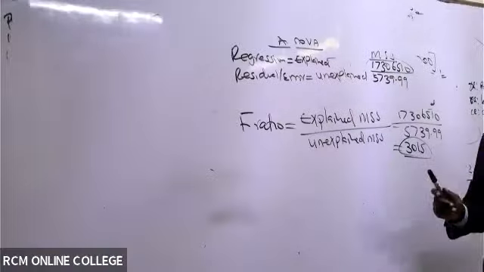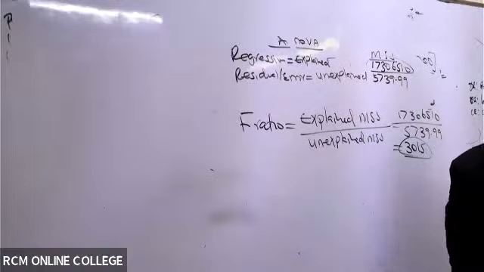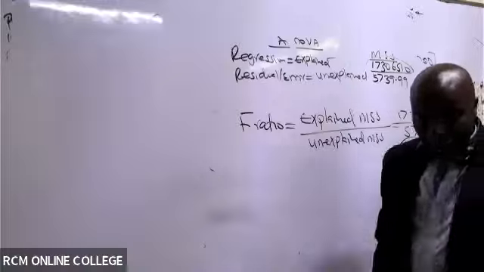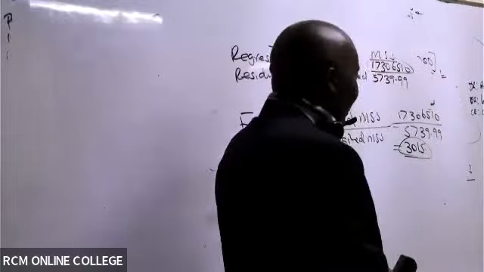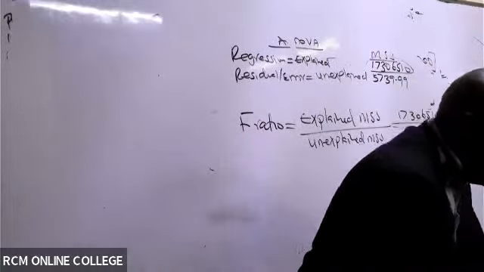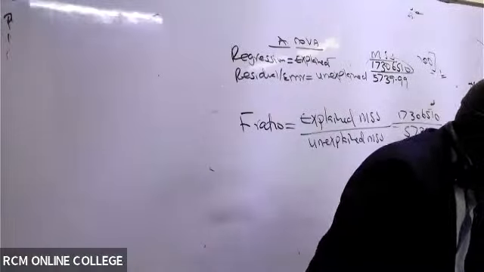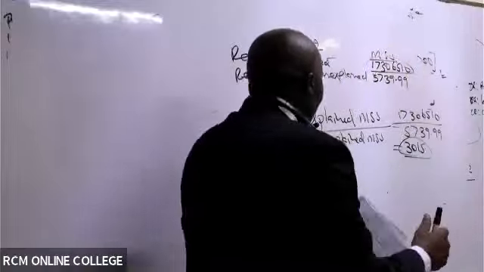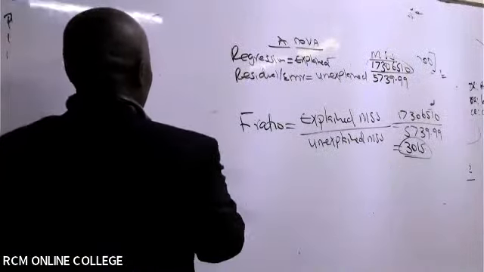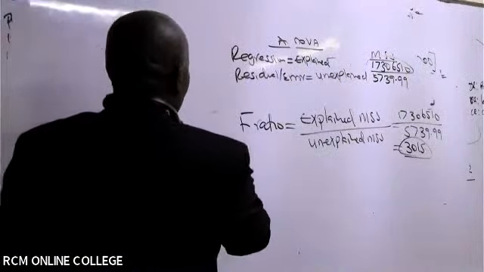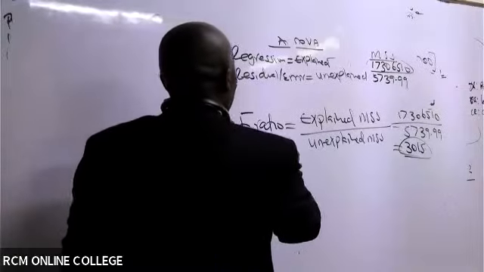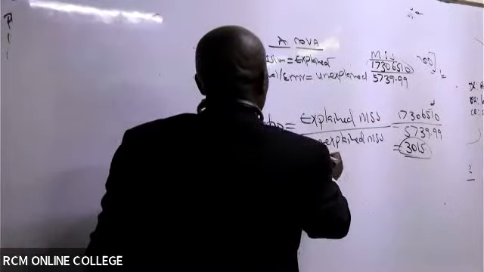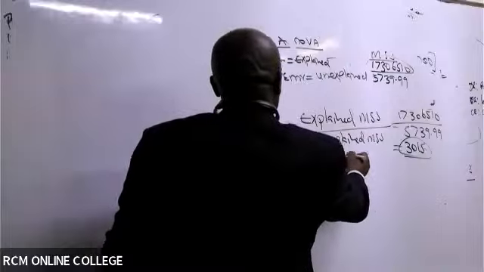You're supposed to know this: under regression and ANOVA, there are two types of variances, always.